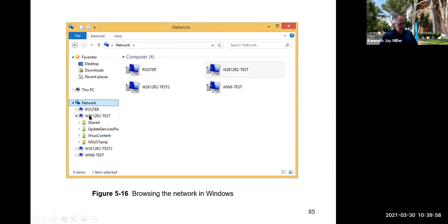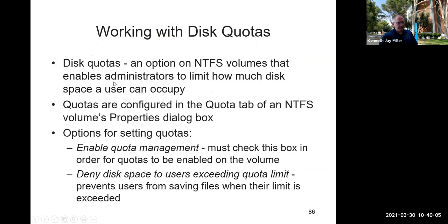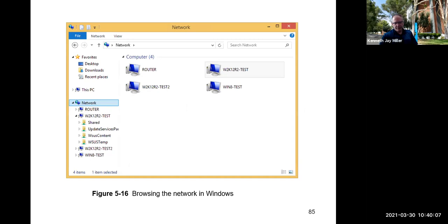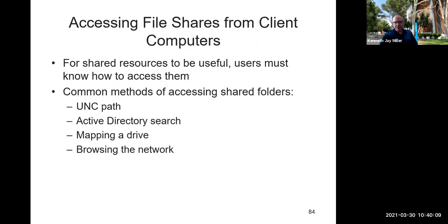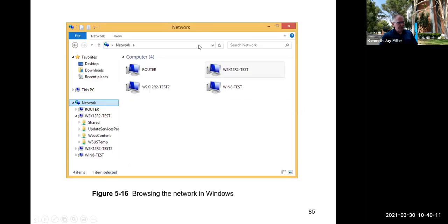Click network, it will go out and look and then show you what's available on each share. Or you could double click, whatever you're doing, and it will show you that way. You can also do the UNC path, which is where you would put up here in the address bar, like we did last week, //server. And because our server is on our domain name, because we're using the DNS of our Active Directory, it will show us that no problem.